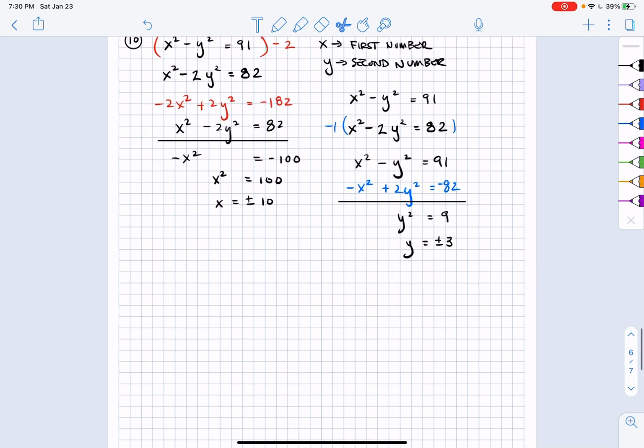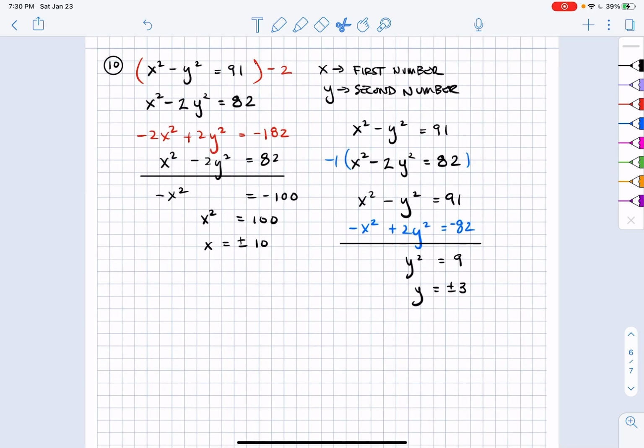All right, so what I got to do is now I have 4 answers. And I got to plug it into both of them. Oh boy, that seems like a headache, doesn't it? All right, so my x values are x equals 10, x equals -10, y equals 3, and y equals -3. I gotta plug all those in. Well, let's see what happens.